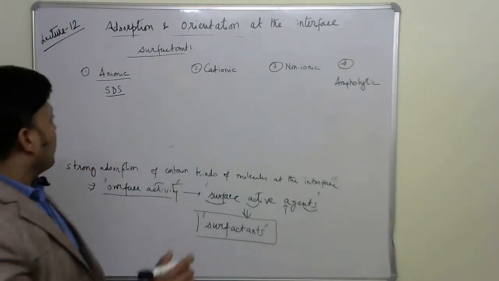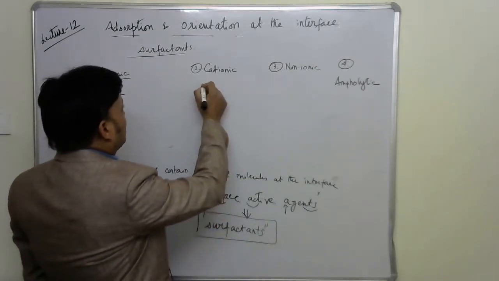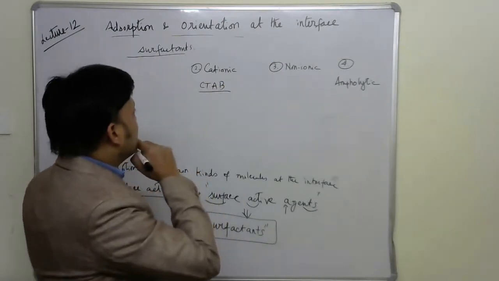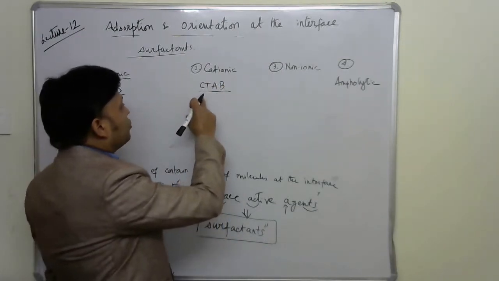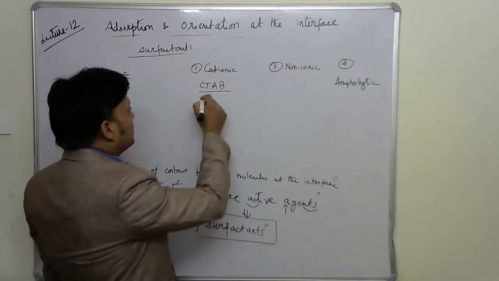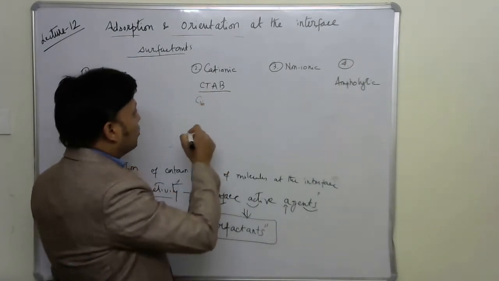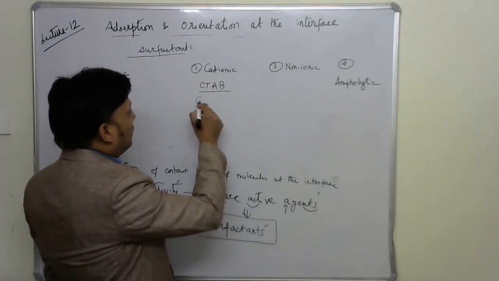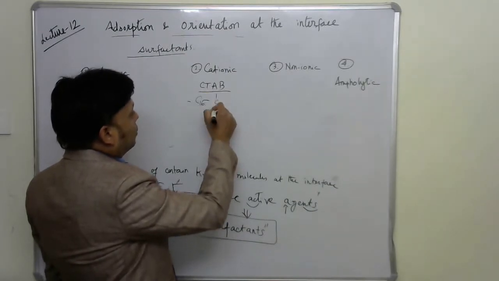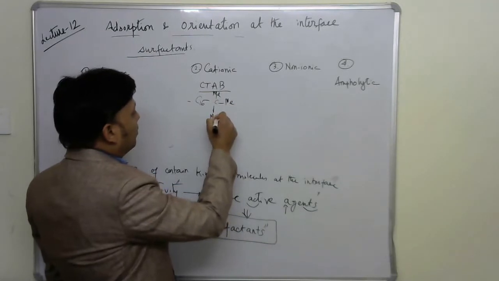And for the cationic surfactant, an example is CTAB, cetyl trimethyl ammonium bromide. Cetyl means 16, so it is a 16 carbon chain, and then we have trimethyl ammonium, three methyl groups.